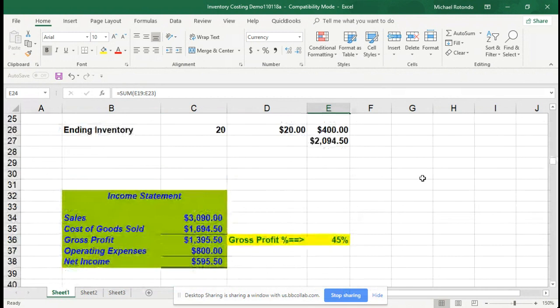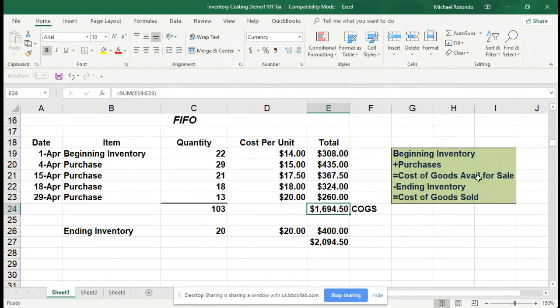Now, if you recall, we have this formula up here where we said that if cost of goods available for sale minus ending inventory equals cost of goods sold, then we can turn that formula around and we can say cost of goods sold plus ending inventory equals cost of goods available for sale. So just like we did here with FIFO, we should do the same thing with LIFO.